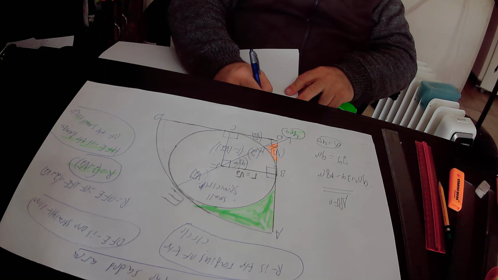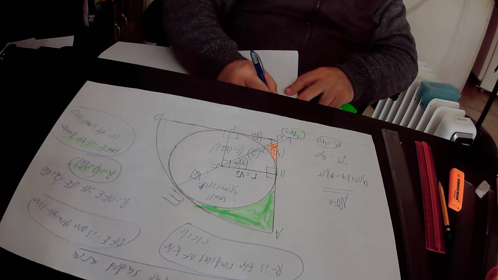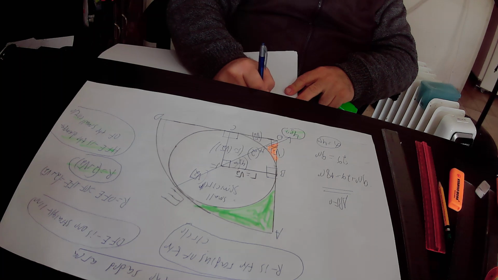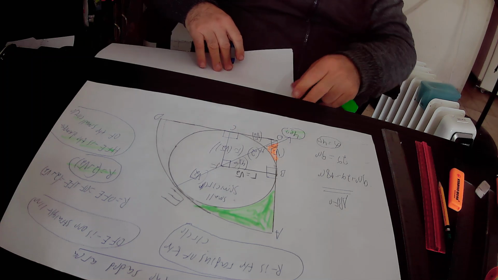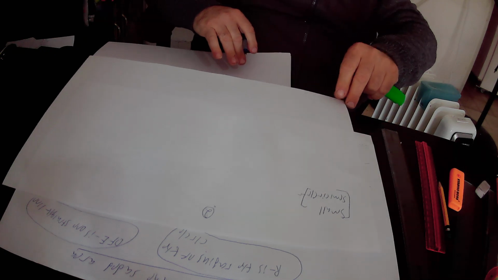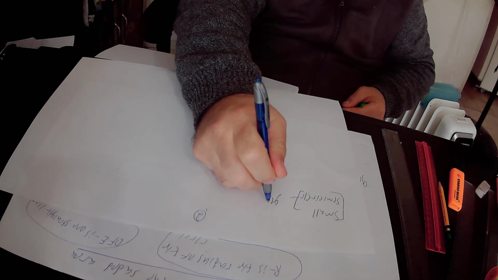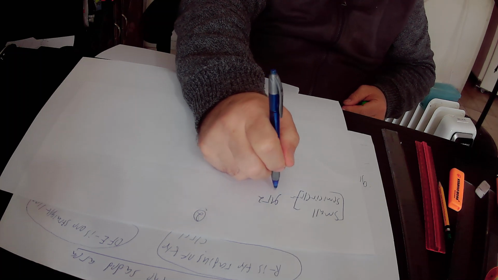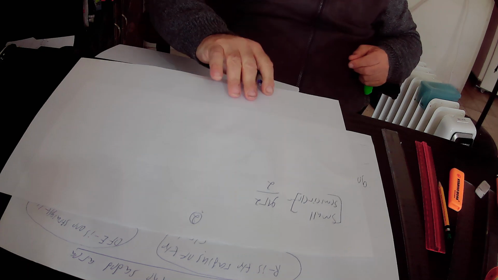The area of this small circle equals pi r squared, and when we divide it by 2, we get the area of the small semicircle.